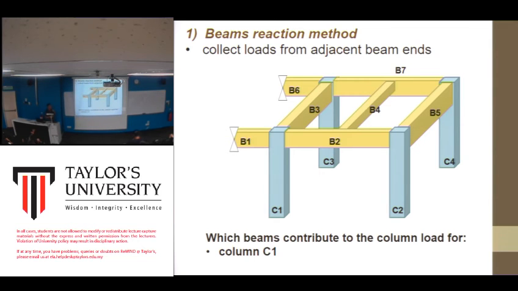Whatever you need in the calculation of a beam, because the first thing you do is analyze the beam until you get the reaction force. For example, if you want to analyze this beam, it would carry the reaction force from this beam and also from this beam. So you need to tackle all these three beams. In order to tackle this beam, you need to tackle this also.